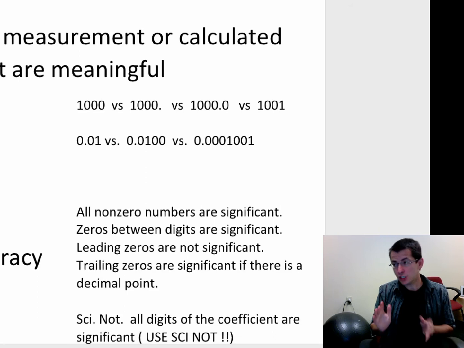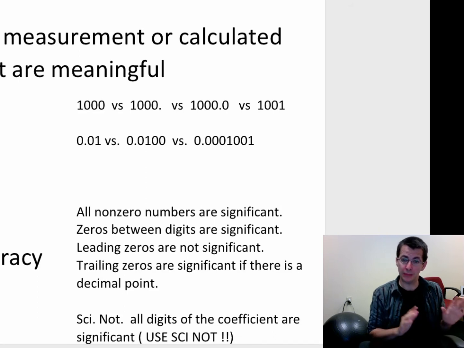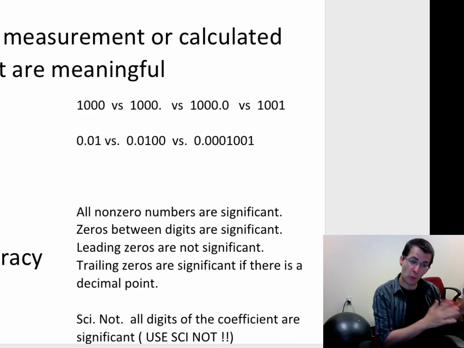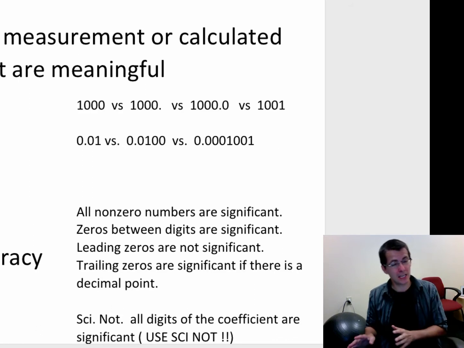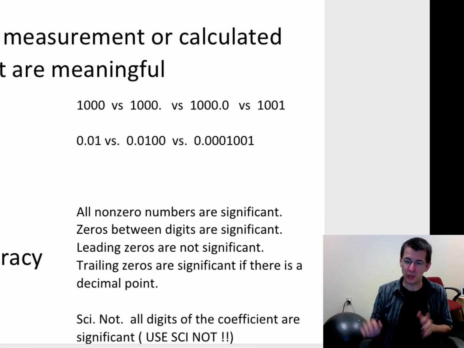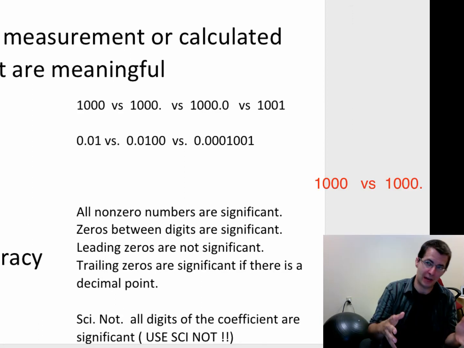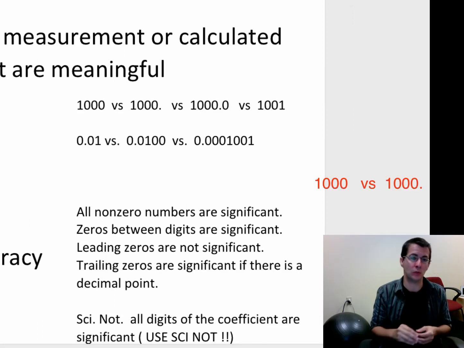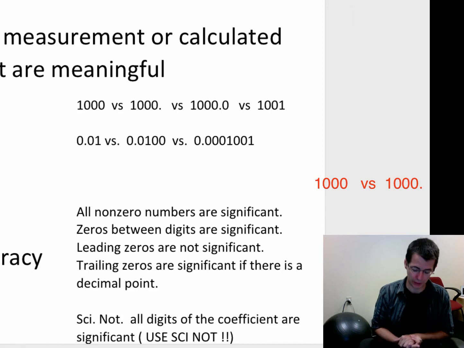So, in general, for numbers with a decimal point, zeros at the start of a number are usually worthless, and zeros at the end are often valuable. The only time it gets a little bit weird is when you have 1,000. When you say 1,000, is that 1,000 or is it 1,000 point? So we have to be cautious when we deal with those numbers.